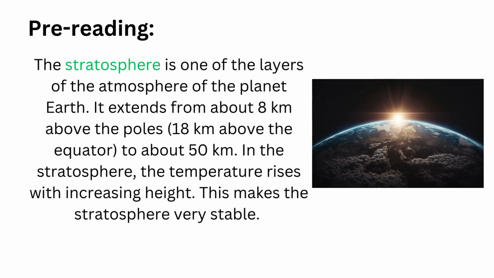The stratosphere is one of the layers of the atmosphere of the planet Earth. It extends from about 8 kilometers above the poles and 18 kilometers above the equator to about 50 kilometers.